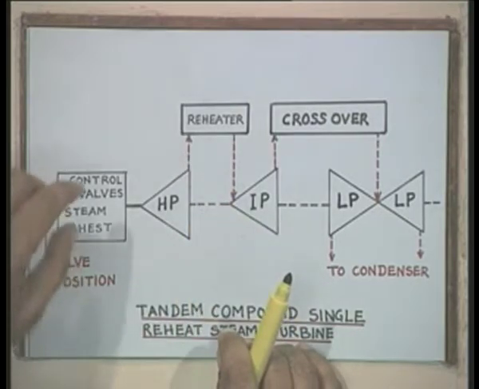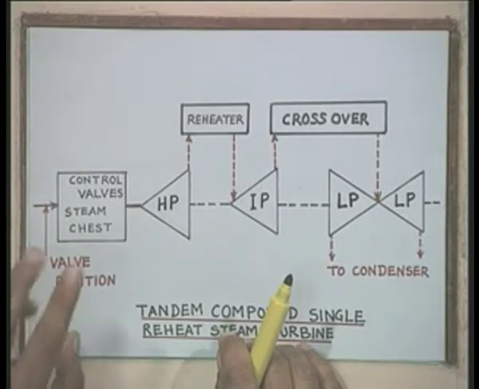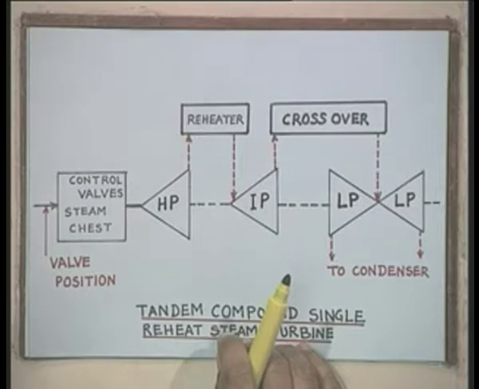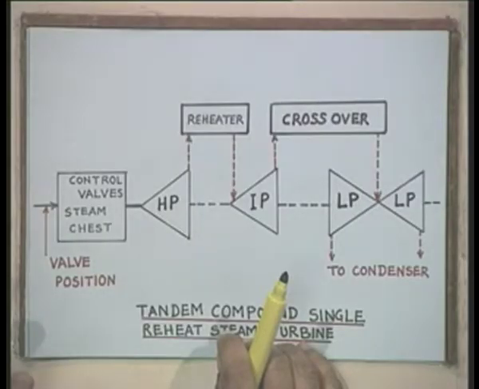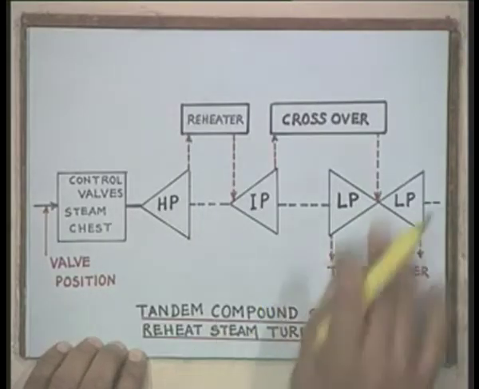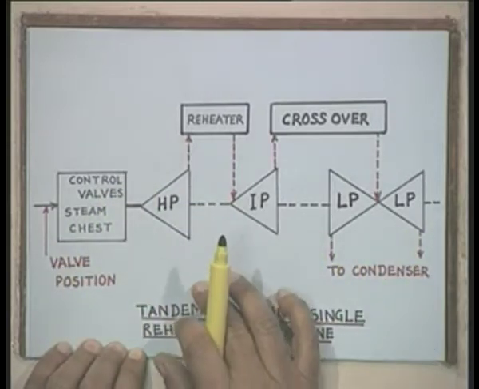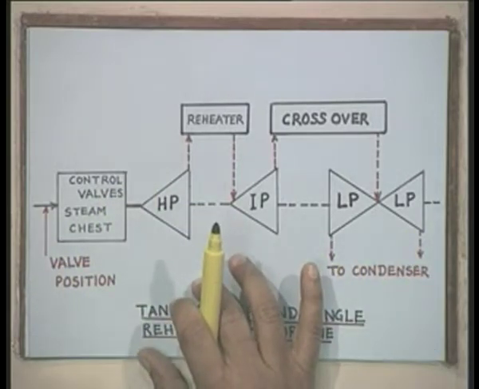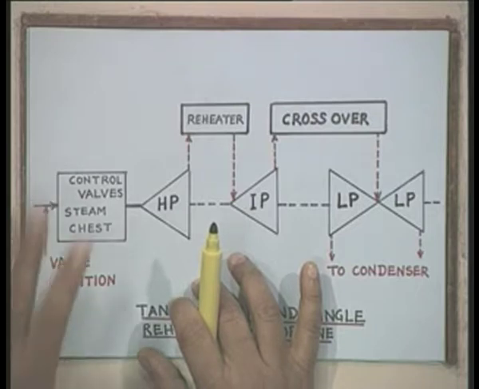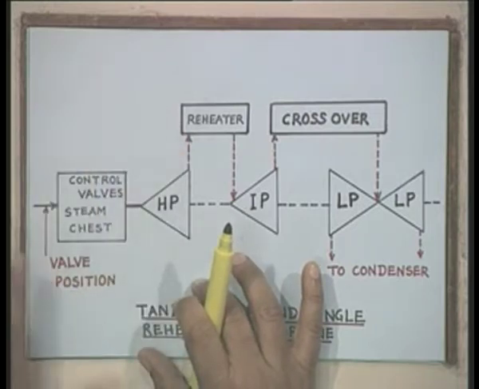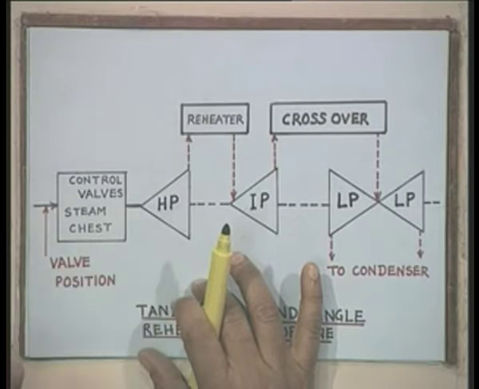Similarly, we have here a control valve which we will be showing, but along with the control valve there will also be stop valves. Therefore, there will always be two valves, a stop valve which is used to completely stop the flow of steam. Similarly, along with the interceptor valve we also have a stop valve. Now, in the models which we will be developing, we will not be representing these stop valves. Similarly, I am not showing the interceptor valve here, but they can also be represented.